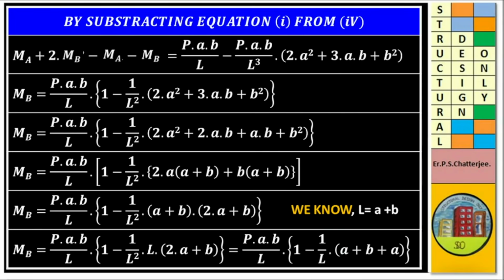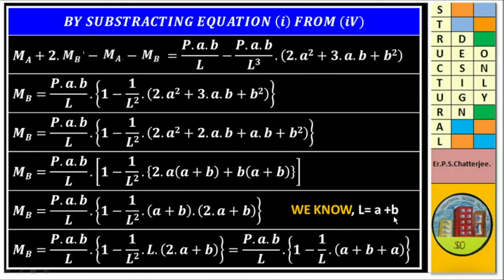MB = P A B/L × [1 - 1/L² × (2A(A + B) + B(A + B))]. I'm taking the common 2A from the first two terms, A + B, and common B from the last two terms, A + B. That is, MB = P A B/L × [1 - 1/L² × (A + B)(2A + B)].